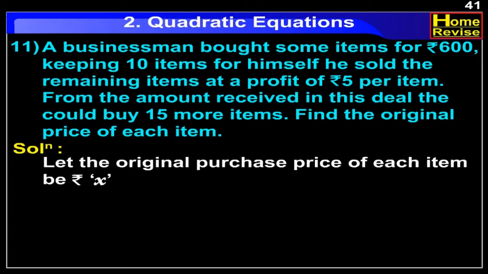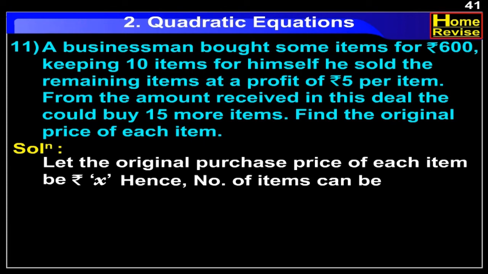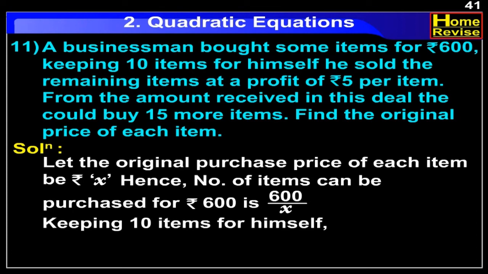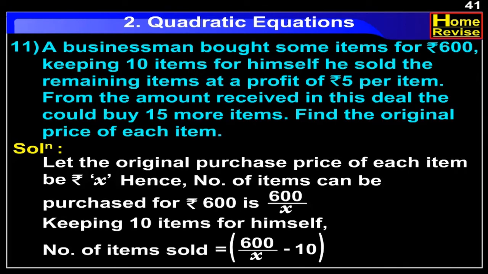Let the original purchase price of each item be rupees x. Hence, number of items that can be purchased for rupees 600 is equal to 600 upon x. Now, keeping 10 items for himself, number of items sold will be equal to 600 upon x minus 10.